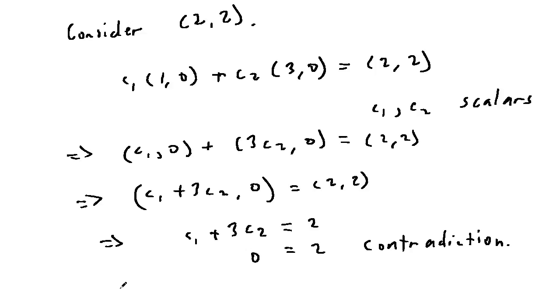Therefore, S does not span R2. Okay, because we found one vector 2, 2 that cannot be written as a linear combination of 1, 0 and 3, 0.